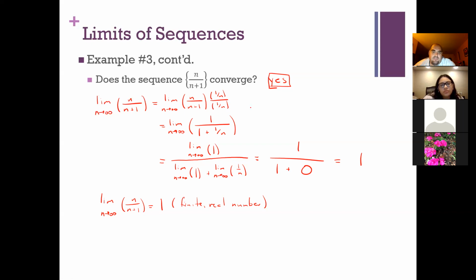Let's say I go back to this step and try to evaluate the limit as n approaches infinity of n over the limit as n approaches infinity of n plus the limit as n approaches infinity of 1.